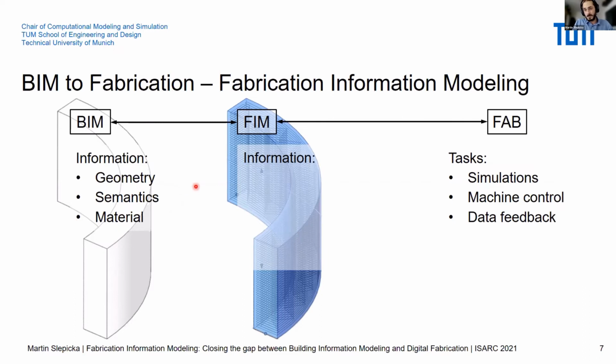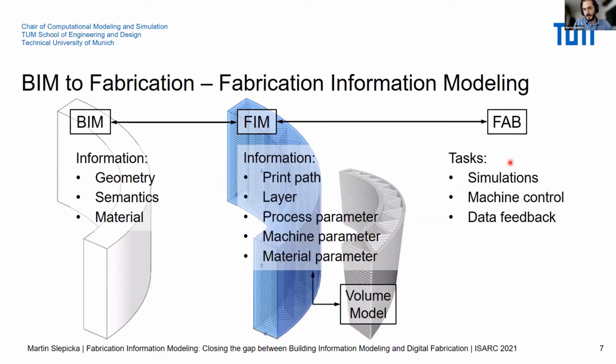And we want to define all the necessary parameters that are required for the fabrication in a way that they are linked to that path information. From the path description, we can then also derive a volume model that is more or less the as-planned 3D representation of the part that is to be printed.